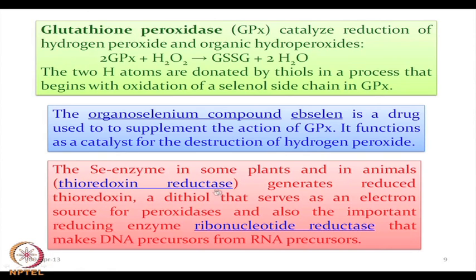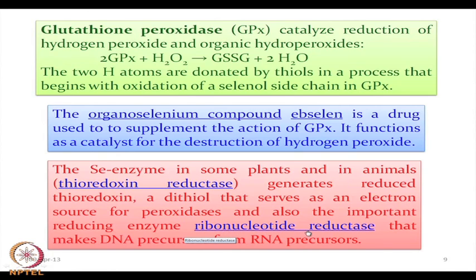So, this thioredoxin reductase is basically the third type of selenium enzyme, which generates the reduced thioredoxin from the dithiol; again we get the dithiol and disulfide thing. This molecule is very important for reducing the ribonucleotide reductase, which we all know is an iron bearing enzyme, but how we reduce the ribonucleotide reductase is now known as a selenium dependent procedure.